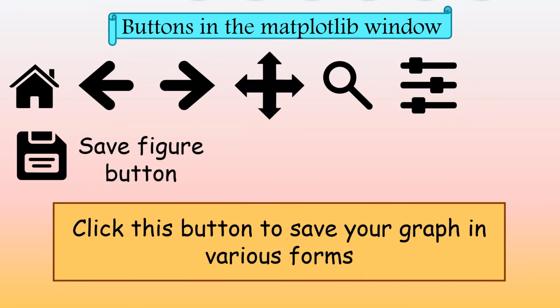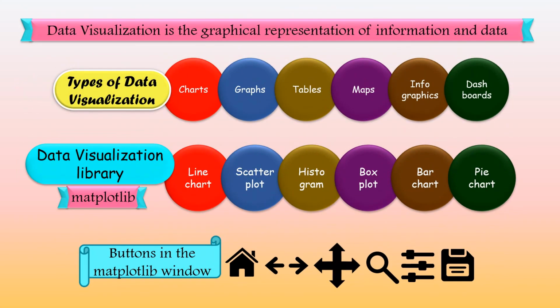I will recall all the topics that I taught you in this lesson. Data visualization is the graphical representation of information and data. Charts, graphs, tables, maps, infographics, and dashboards are the types of data visualization. Using the matplotlib library of Python, one can create line chart, scatter plot, histogram, box plot, bar chart, and pie chart.